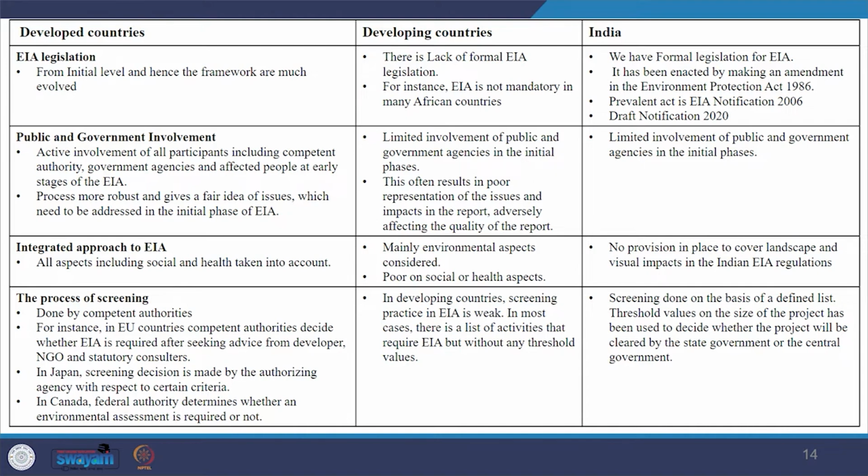So the process is also more robust and gives a fair idea of the issues from the very inception of the project.